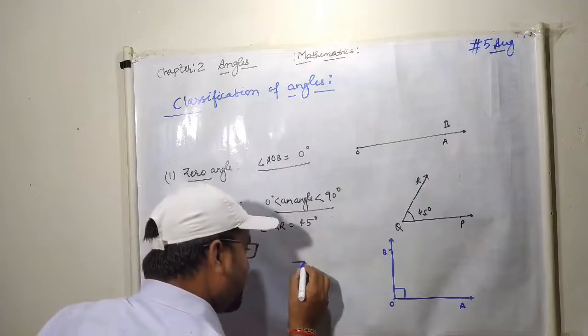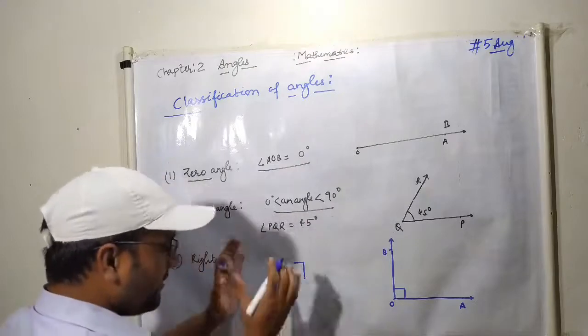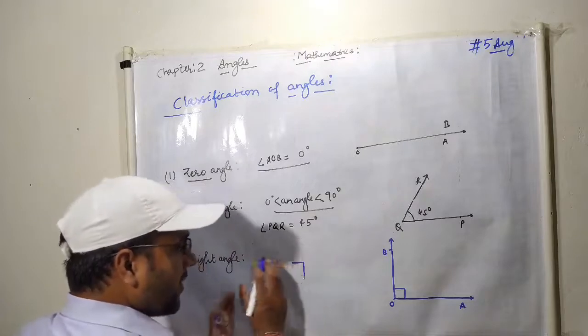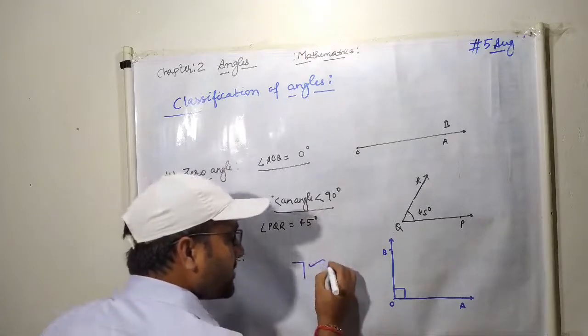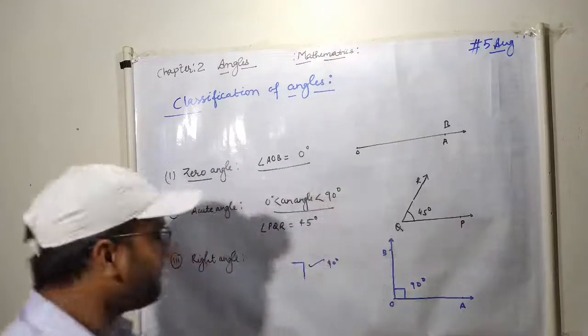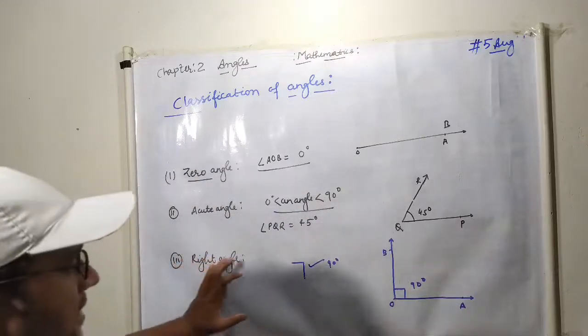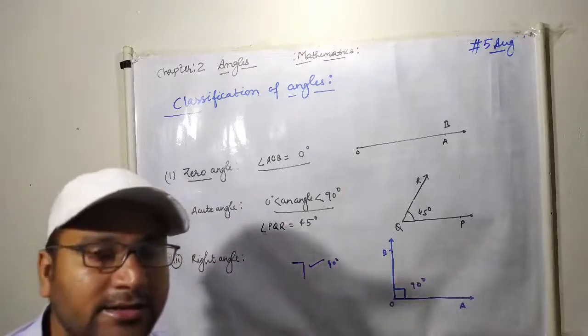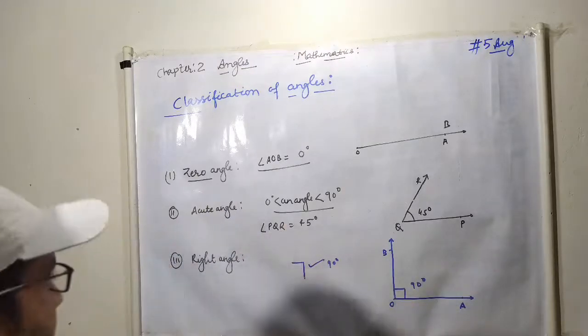If there is an opposite of L anywhere in a figure, then it always represents 90 degrees. Okay, students, so a right angle is an angle whose measure is 90 degrees, and it is known as a right angle.